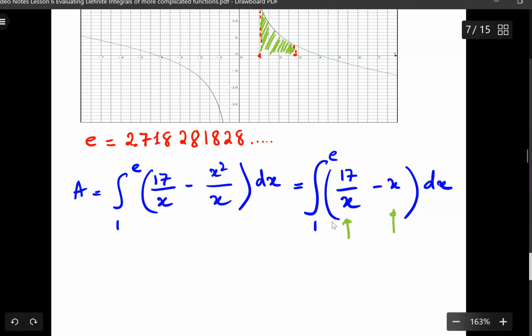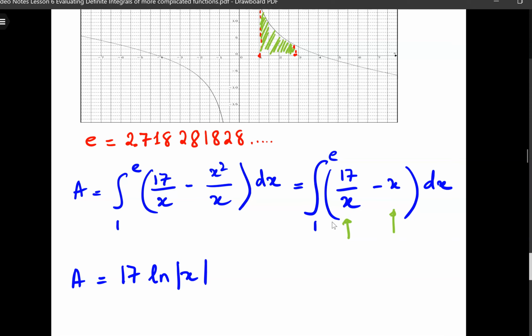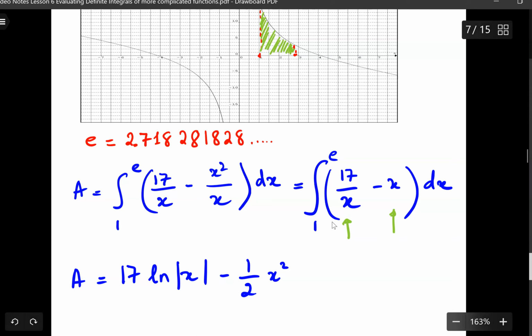So I am going to write F of x equal to 17 divided by x. The integral of that will be 17 times the natural logarithm of the absolute value of x. And the integral of x would be negative half x squared. So you take 1 plus 1, which is 2, and divide by 2.